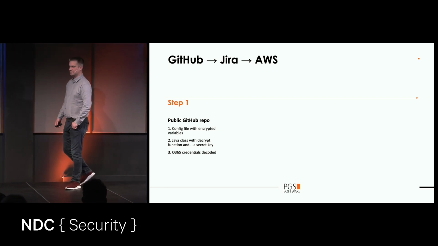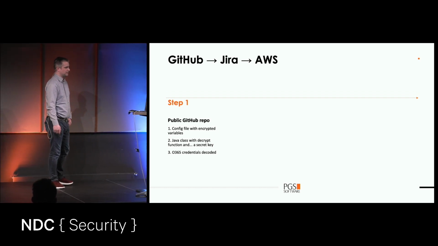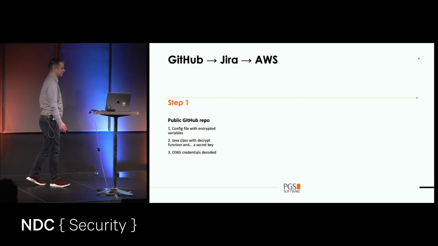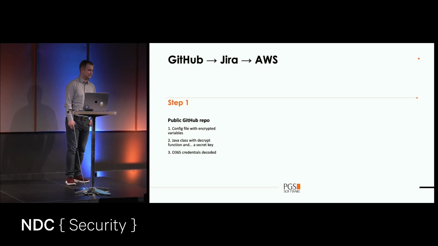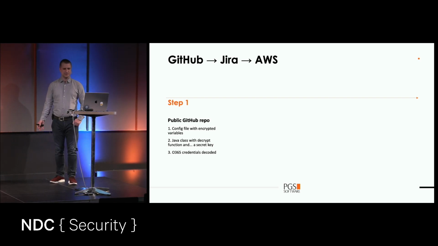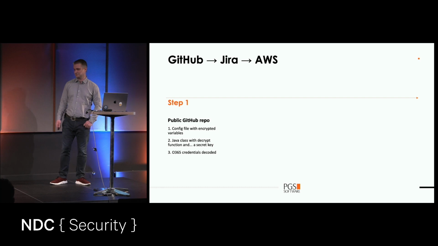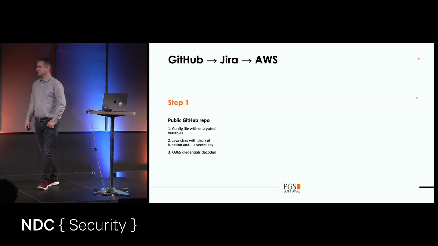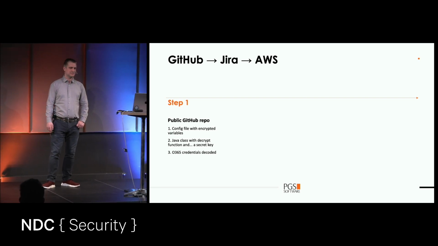And then I found a Java class with the whole decryption logic. Okay, still not that bad, because you need a secret key to decrypt it. But it was hard-coded in the decryption class because it's easier. It's the only place where it's used, so yeah, why not? So I was able to decode these credentials, and I got access to Office 365 account.